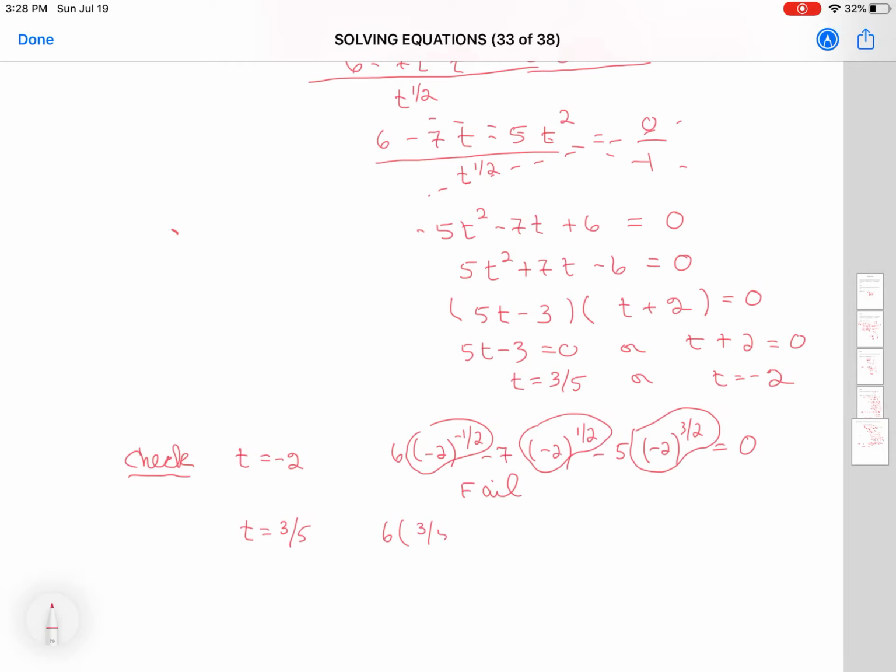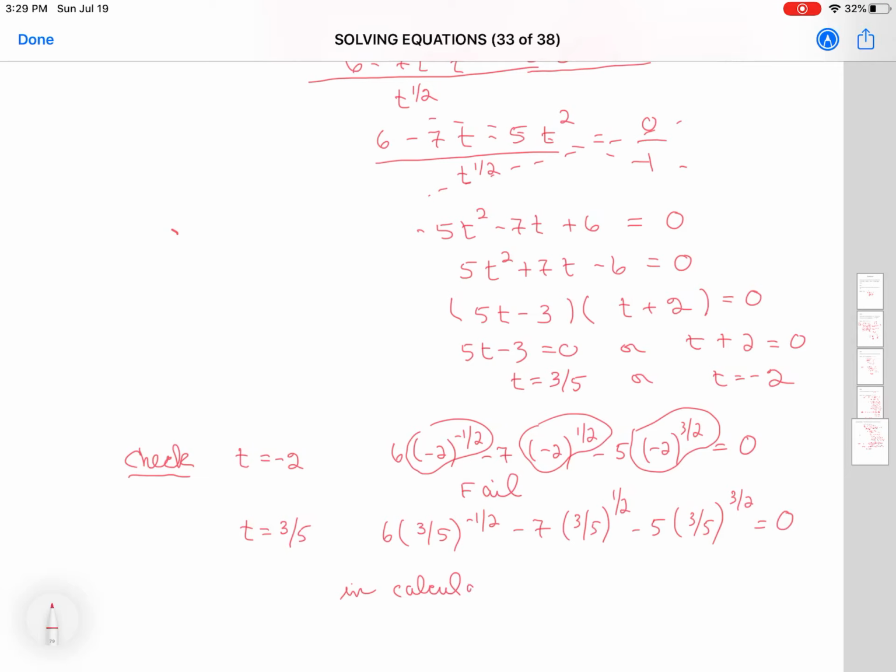Let us check the other dude. t is equal to 3/5. So 6 times 3/5 to the minus a half minus 7 times 3/5 to the 1 half minus 5 times 3/5 to the 3 over 2. This is a check that works actually better with the calculator.